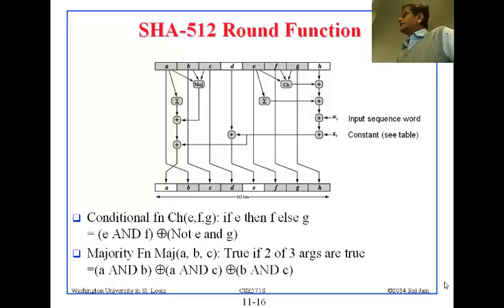So E, F, G, you take 3 64-bit words, and then you send out a 64-bit word whose bits are calculated as follows, bit by bit. And actually in logic, this is simply E and F exclusive or not E and G. If you do that, that's exactly what it is. If E, then F, else G.